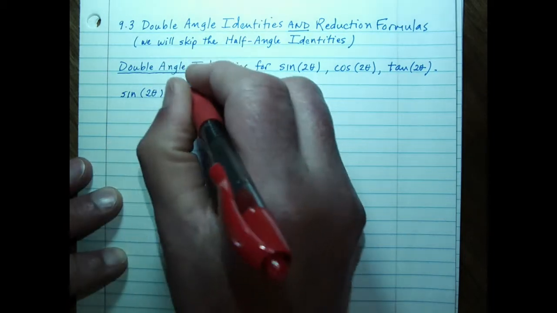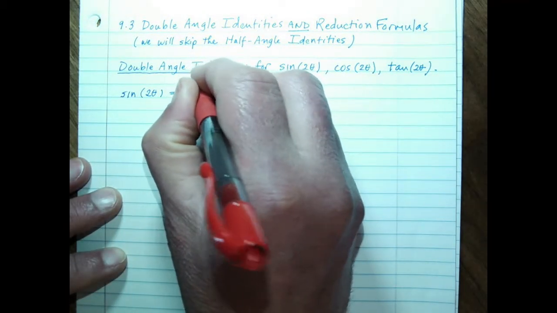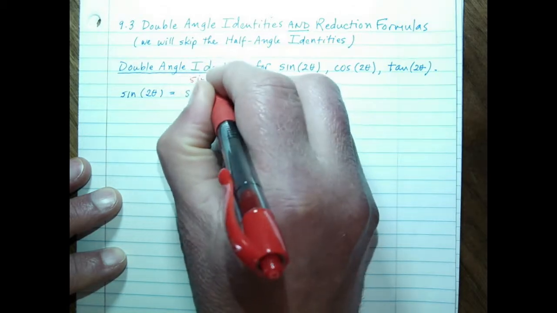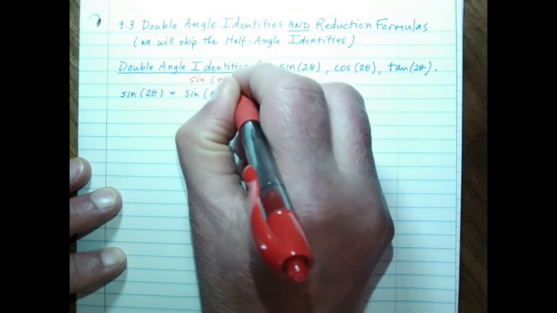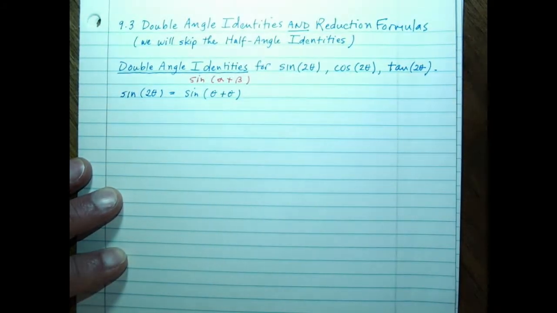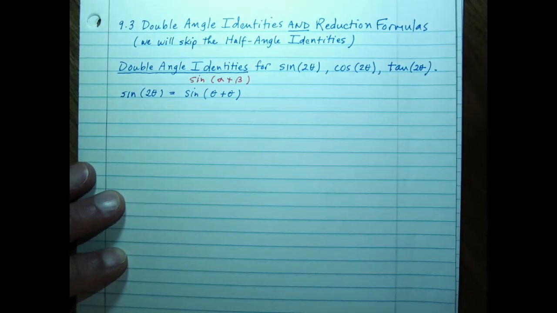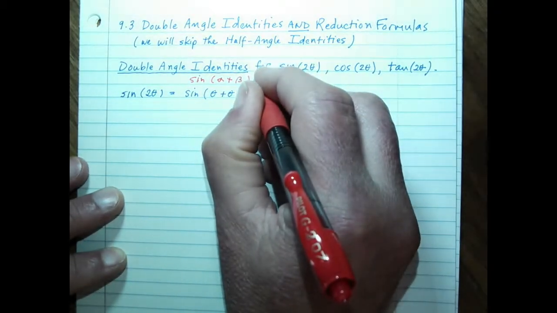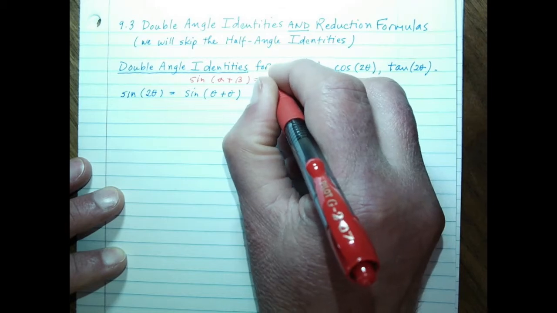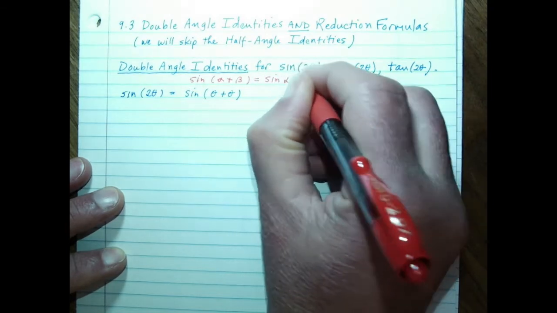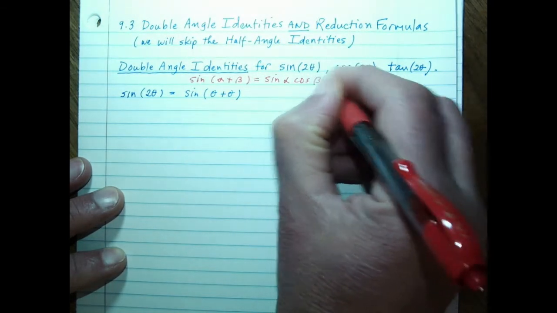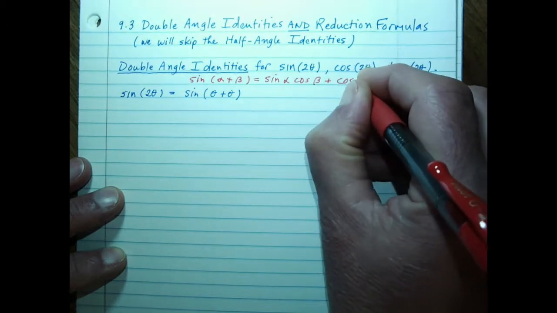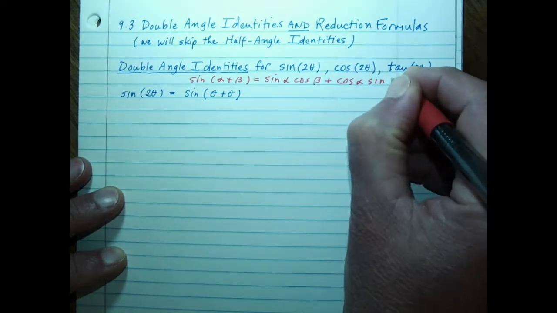And what that does is that allows us to invoke the sine of the sum identity, sine of alpha plus beta, we call it on our formula sheet, which is sine alpha cosine beta plus cosine alpha sine beta.